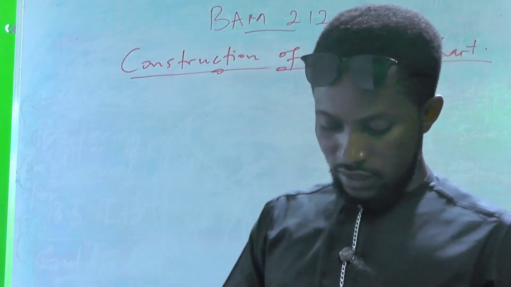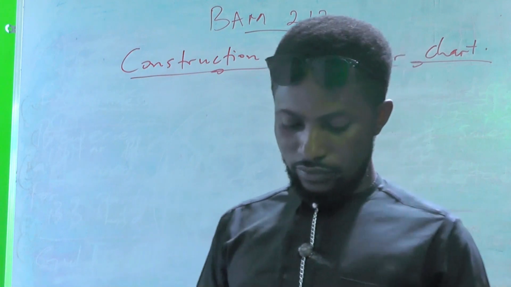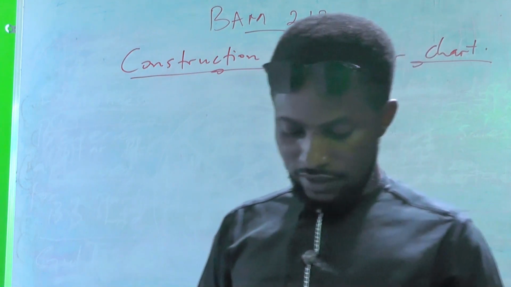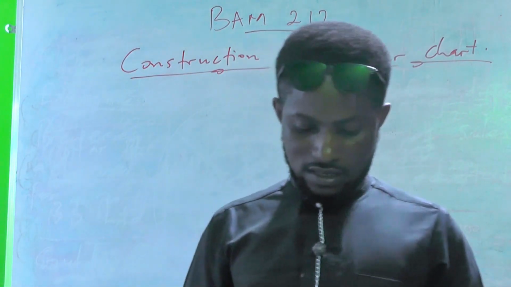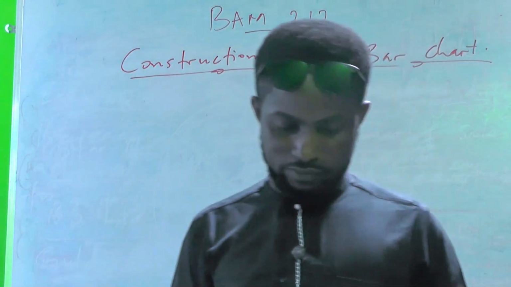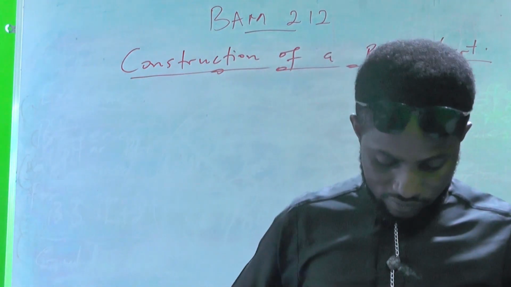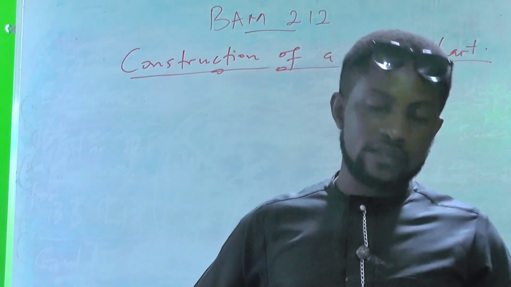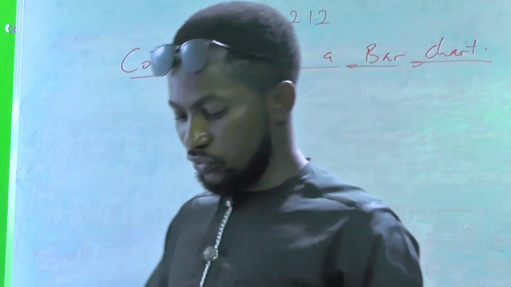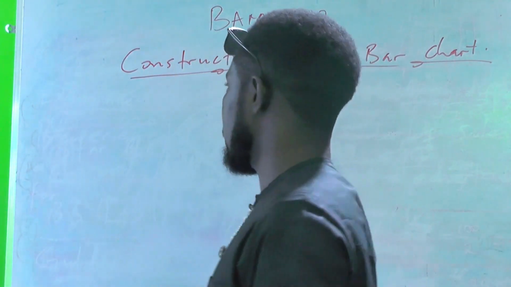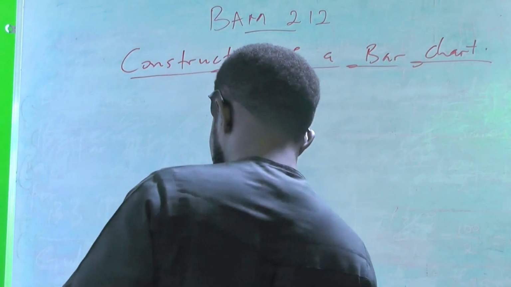Items produced in 1991 is 4,000. In 1992 they produced 1,500. In 1993 they produced 3,000, in 1994 2,500, and in 1995 5,000. So the question says we should illustrate the information on a bar chart.